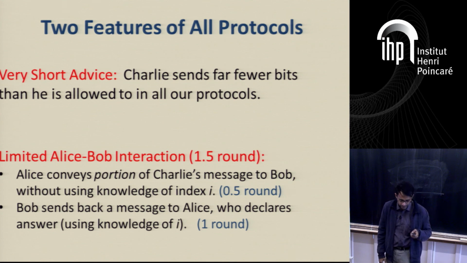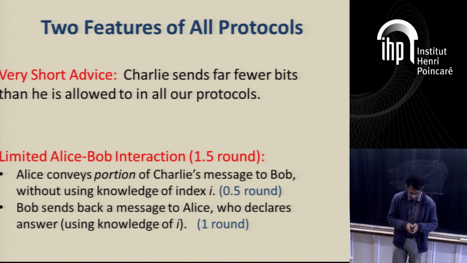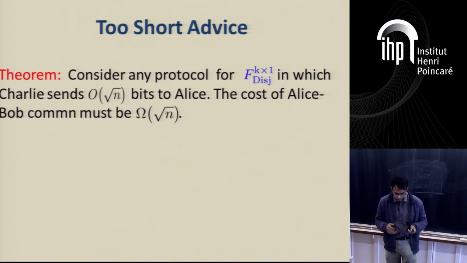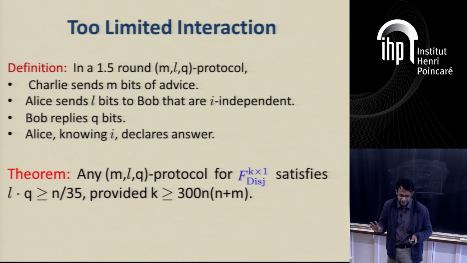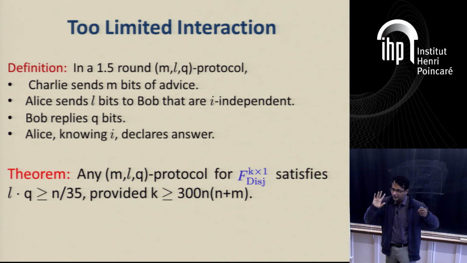In fact, what we can show is something stronger. If you have any one of these features, that's going to kill you. So too short advice is bad, and too limited interaction is bad. So what I find is an interesting conjecture: how does this number square root of n pop up?